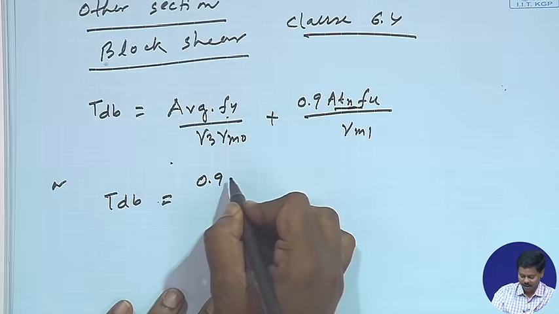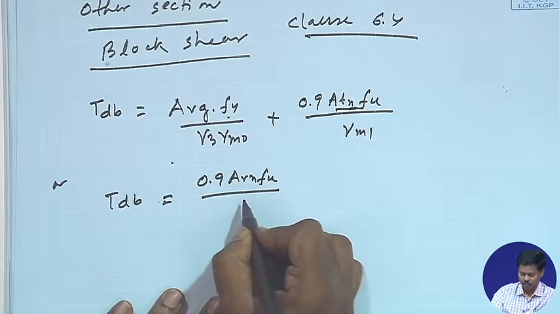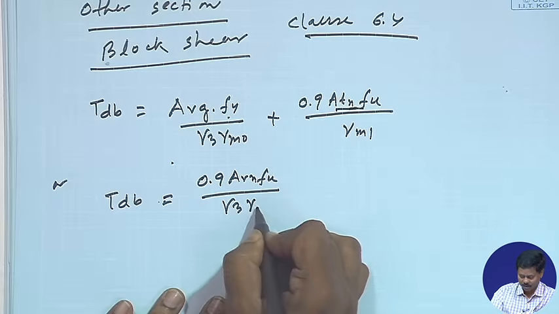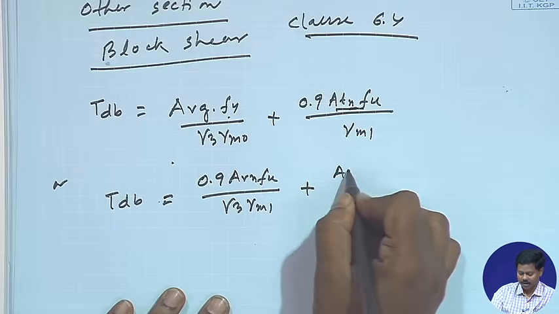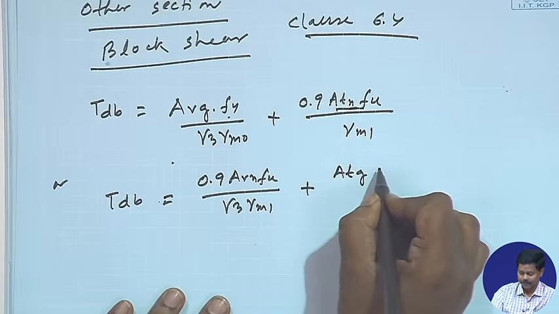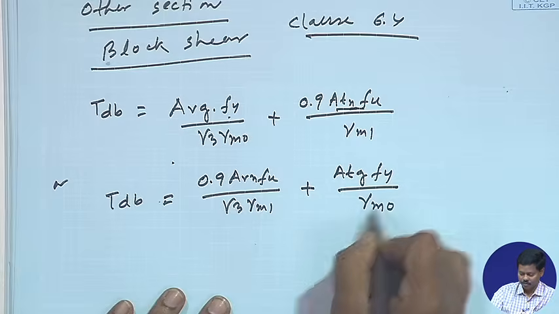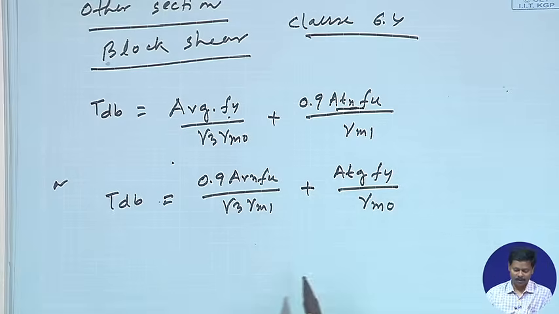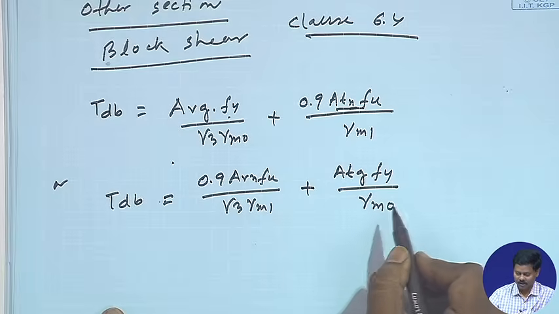That will be 0.9 AVN FU by root 3 gamma m1 plus ATG Fy by gamma m0.